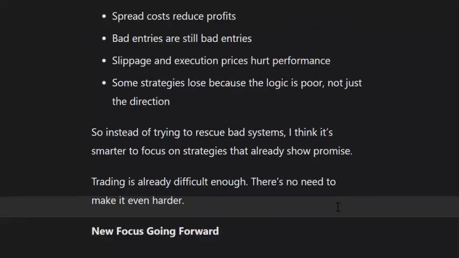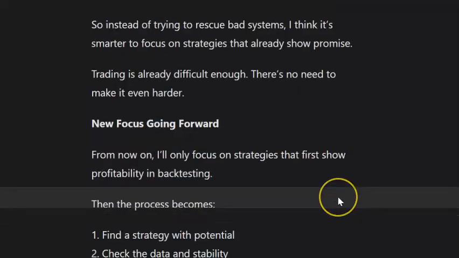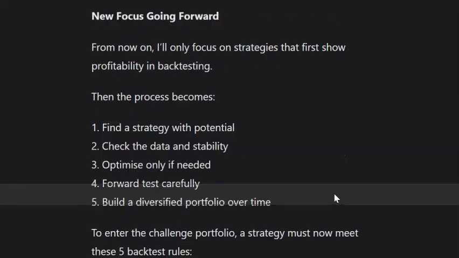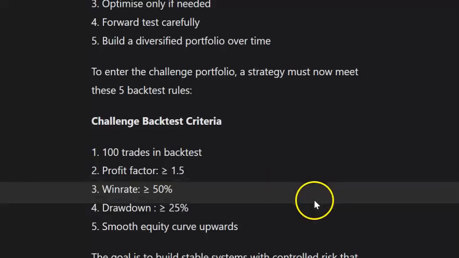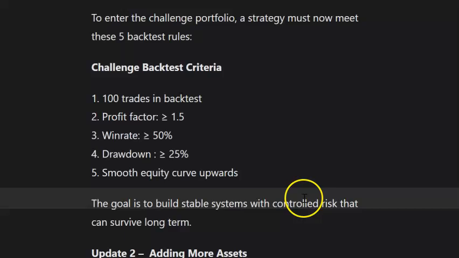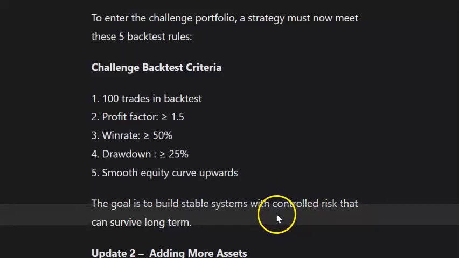Going forward, I'm going to focus on strategies that show profitability in backtesting first, and then go through my 5-point backtest rules: 100 trades in the backtest, profit factor 1.5 or above, win rate around 50%, drawdown up to 25%, and a smooth equity curve upwards. The goal is to build stable systems with controlled risk that can survive long term.